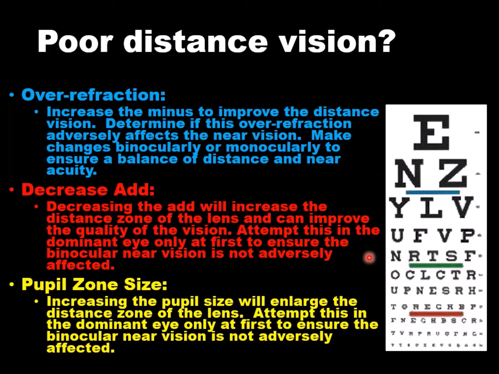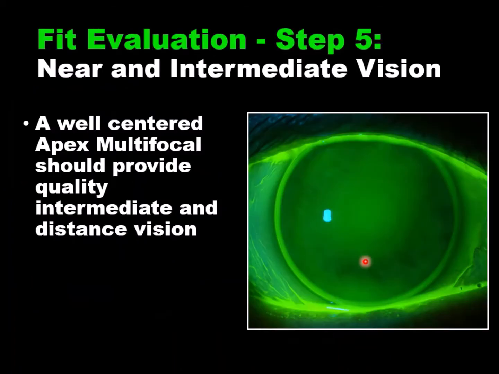Another thing we can do is increase the pupil size. By enlarging the area that we distribute the force over, this can enlarge that distance zone and push less plus or less asphericity into the pupil. So there are many options that we have to attempt to improve the quality of distance vision for patients. But centration is the key to start with.